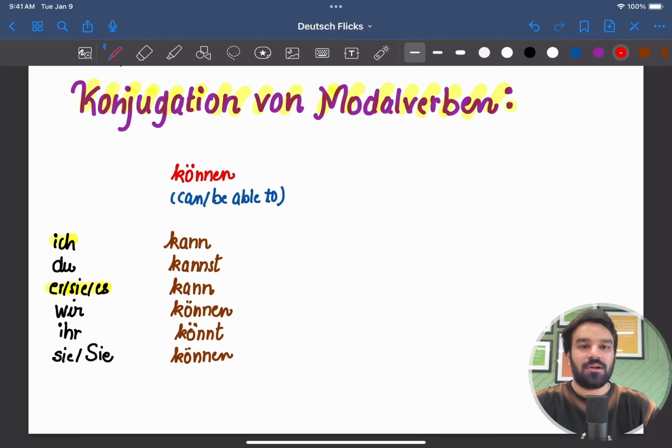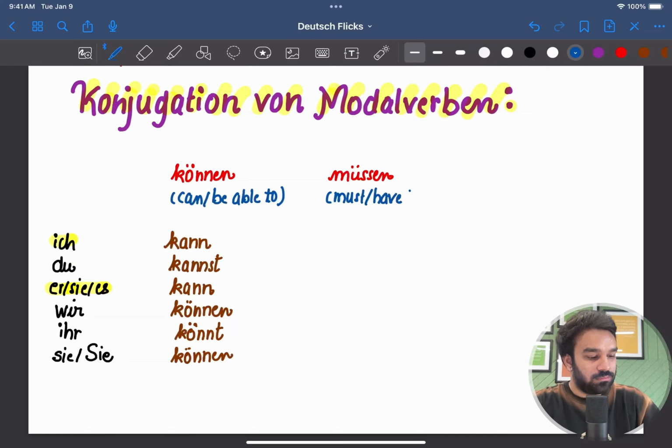Then we have müssen. You can guess the meaning. Müssen, which means must or have to. So for necessities or obligations, we'll use müssen.